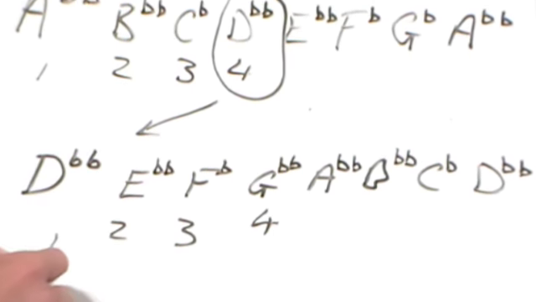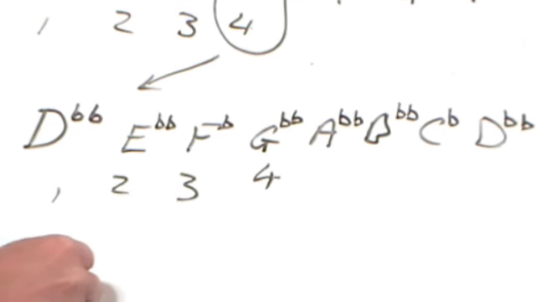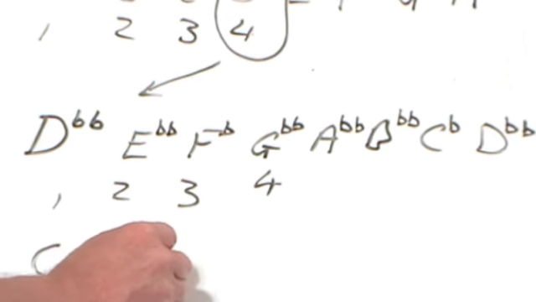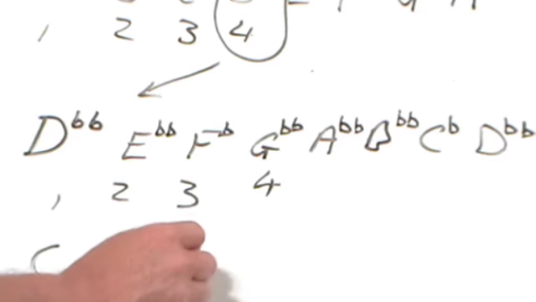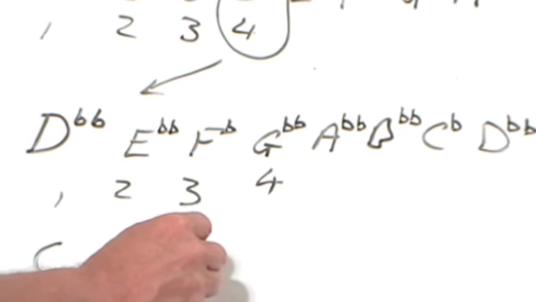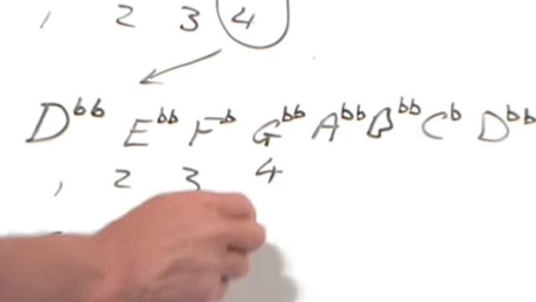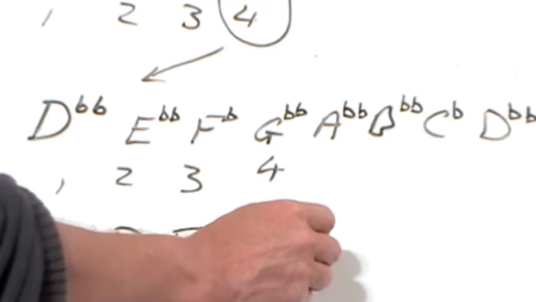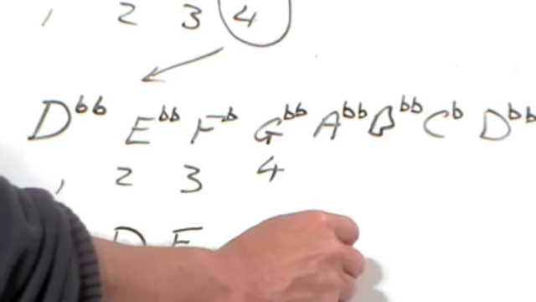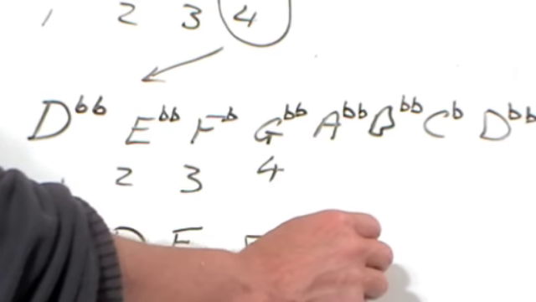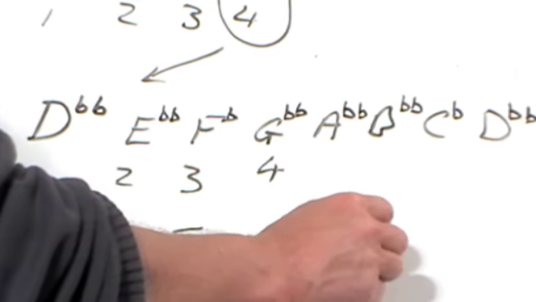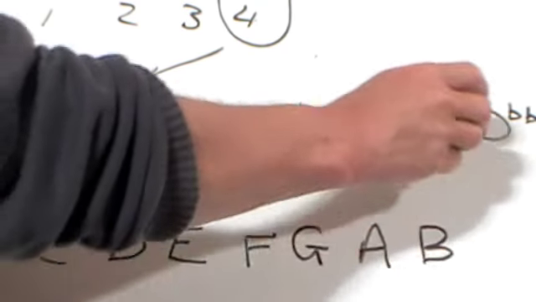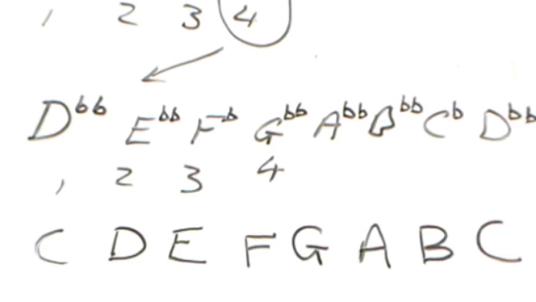D double flat sounds the same as C. E double flat sounds the same as D. F flat sounds just like E. G double flat sounds like F. A double flat sounds like G. B double flat sounds like A. C flat sounds like B, and D double flat C.